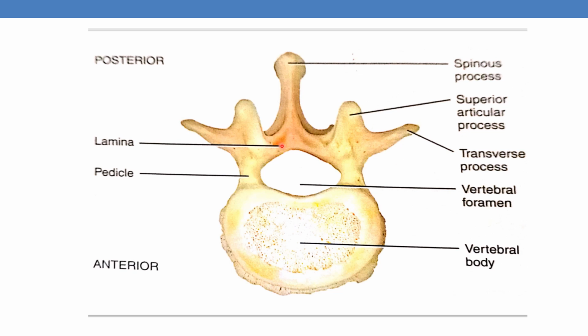And this area is the lamina. Lamina, foramen, vertebral body. These are some of the terms that we have come across. Facet, you cannot see facet here. Facet is present in the articular processes.